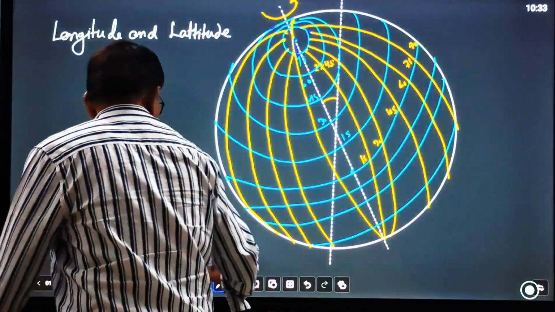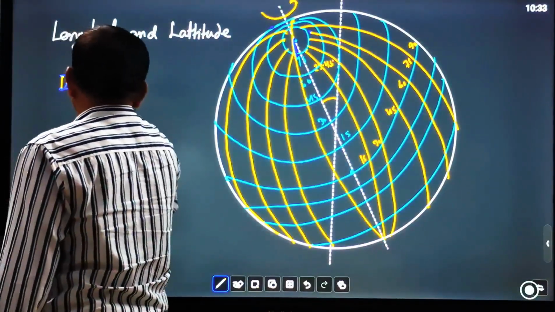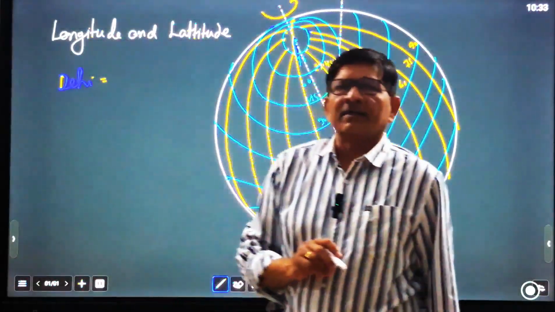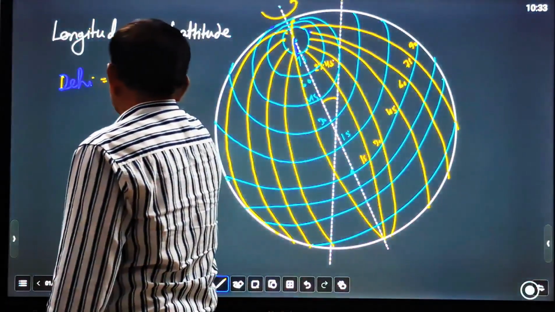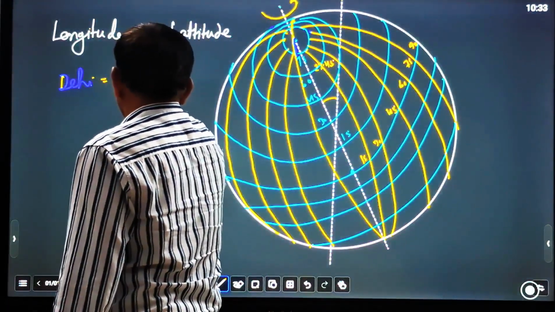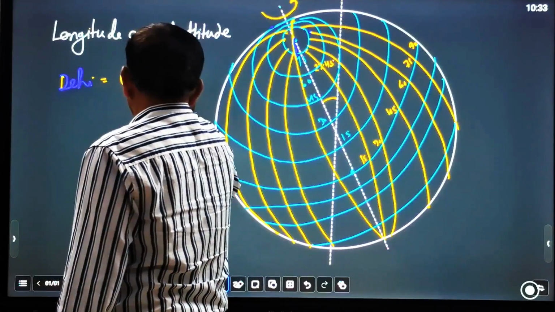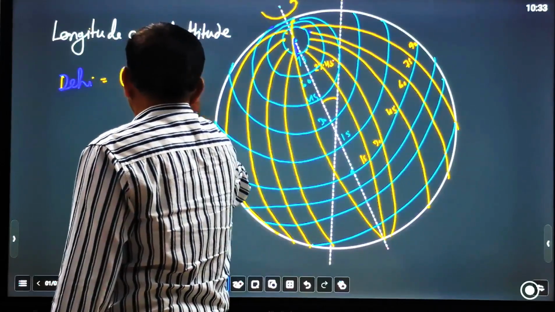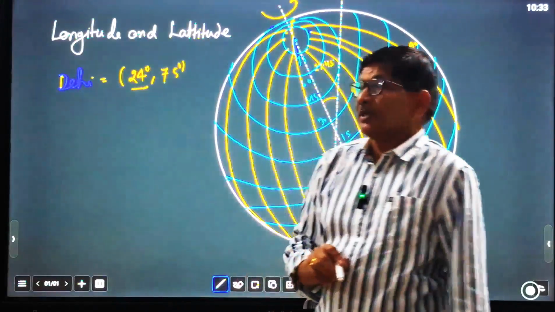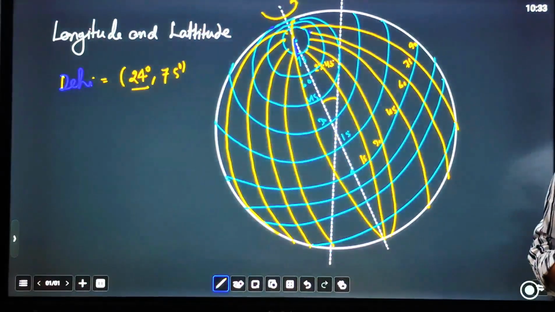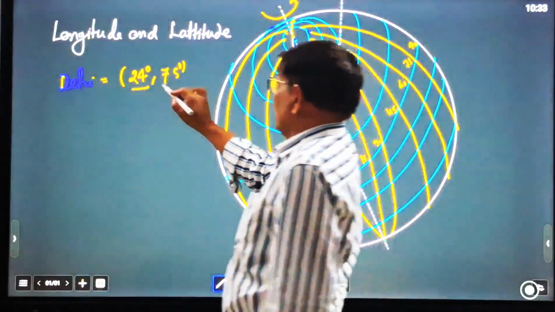Suppose I want to define the Delhi location. I'm not considering exact values, and the angles given are 24 degrees and 75 degrees. The first, 24 degrees, is known as latitude, and this other one is longitude.